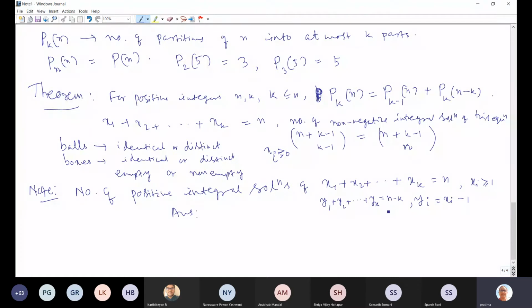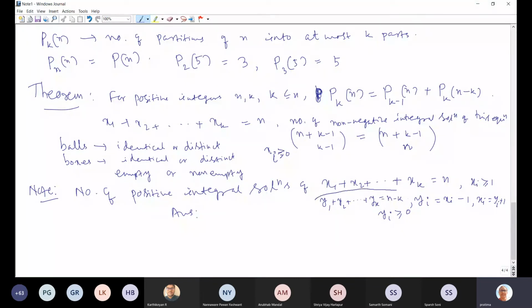In place of xi we write yi plus 1, and therefore I get this equation in y1, y2, up to yk. Since xi is greater than or equal to 1, yi will be non-negative, greater than or equal to 0. Now we are counting the non-negative integral solutions of this equation.